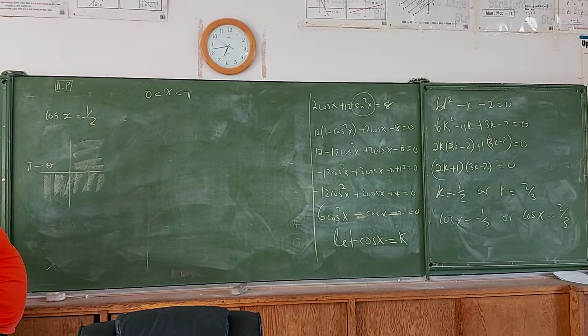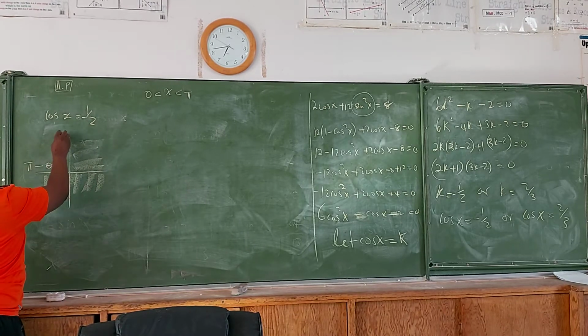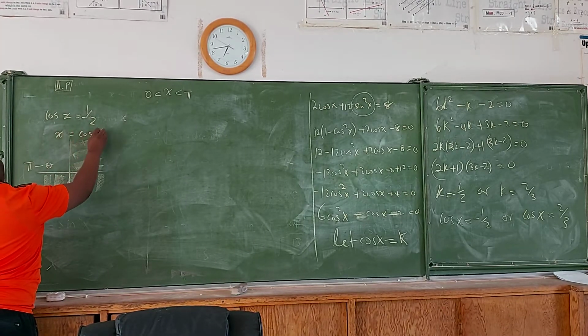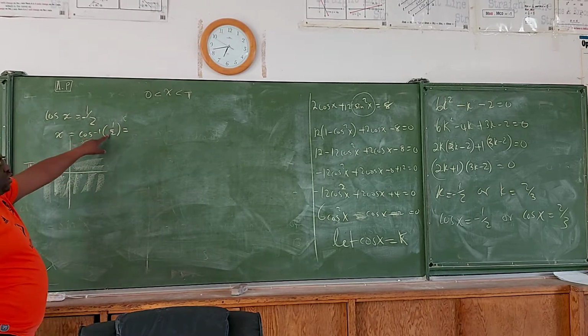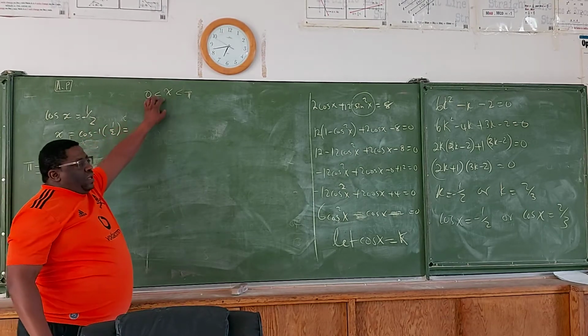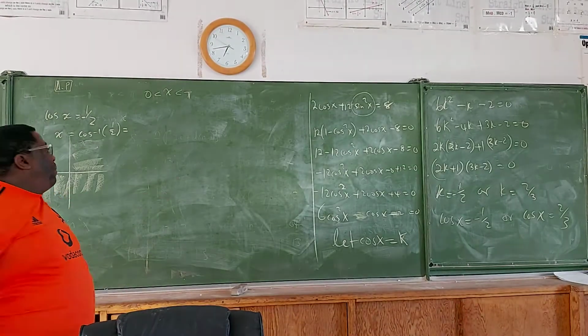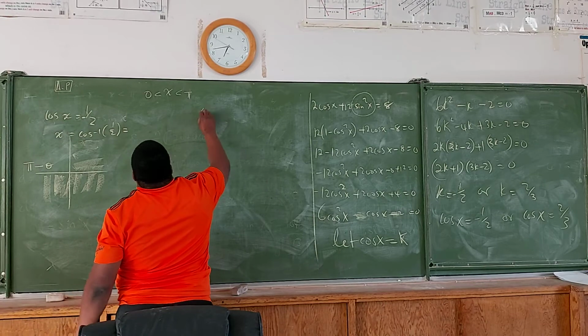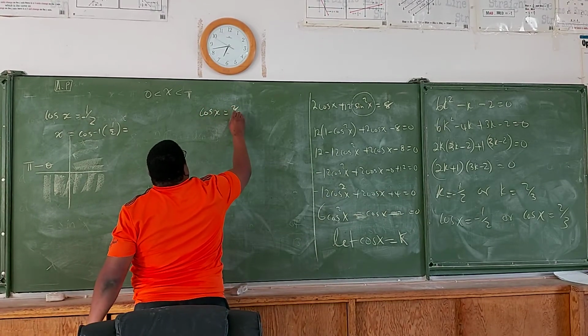I'm going to come there. Since we need to find the inverse, let's find our reference angle. In terms of radians, please. The interval is given in radians. Give me the answer in radians, please. Thank you. Hurry up. Or cos x equals 2 over 3.